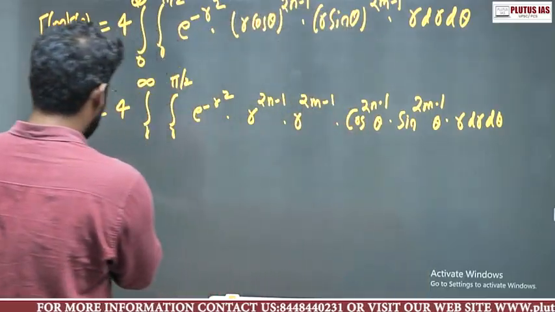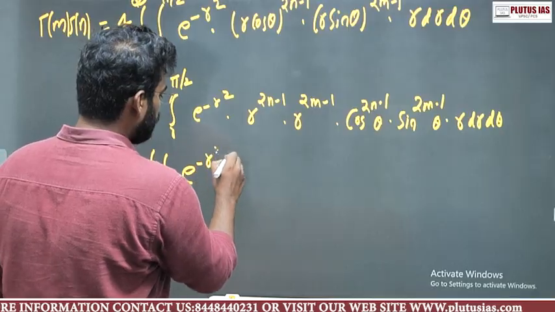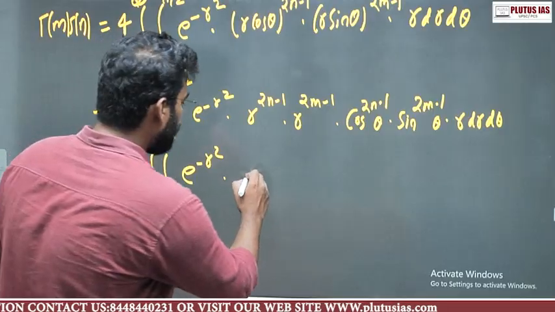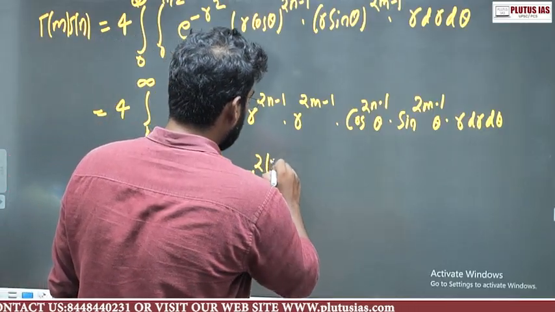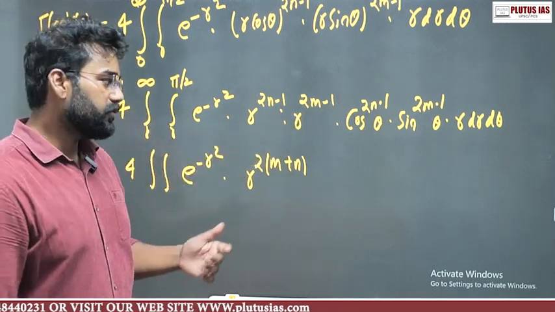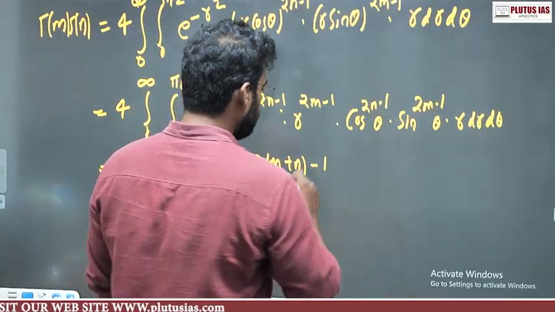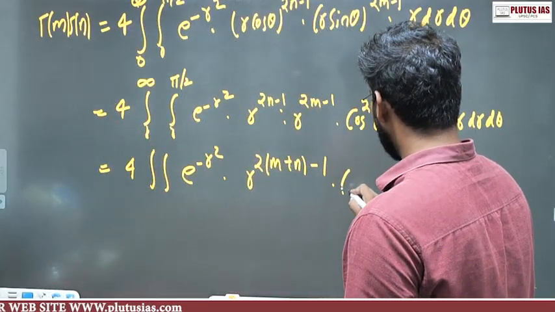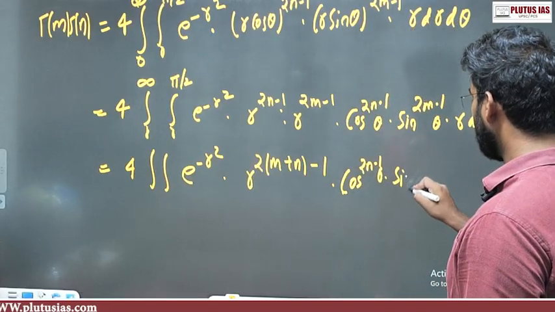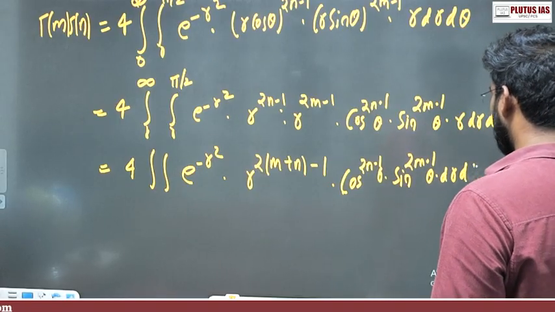Okay. So 4 double integral e to the power minus r square into, so powers will add, r to the power 2 times m plus n minus 1, minus 1, minus 2, and here is also power 1, so it will become minus 1, into cos 2n minus 1 theta into sin 2m minus 1 theta dr d theta.